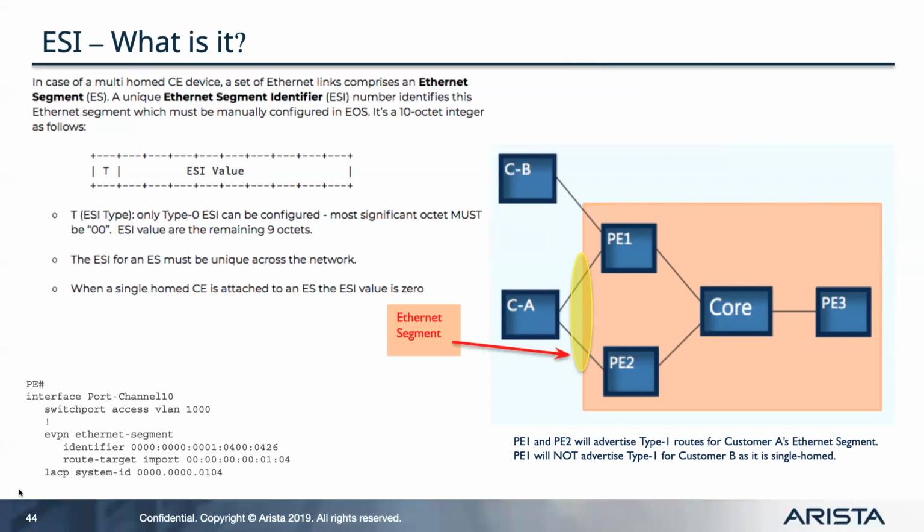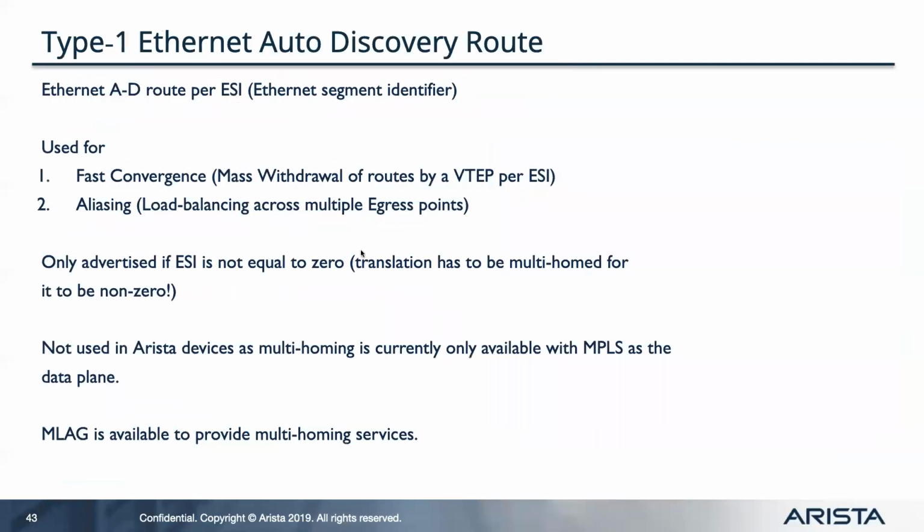So one problem we are solving with type 1 is the common system ID, so that you can bring up the port channel. Another problem we are solving is the same ESI, Ethernet segment identifier, so that you can load balance. Sorry, one minute.